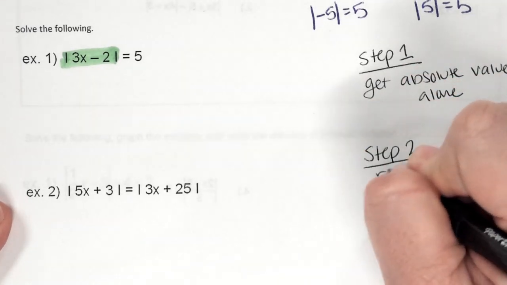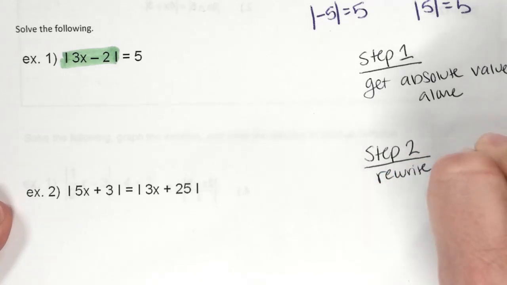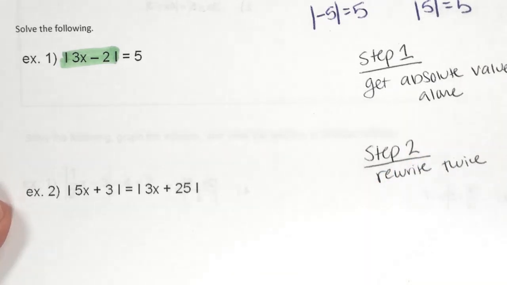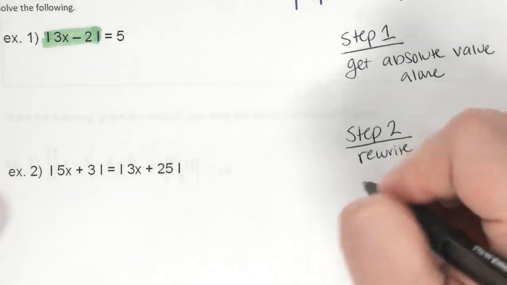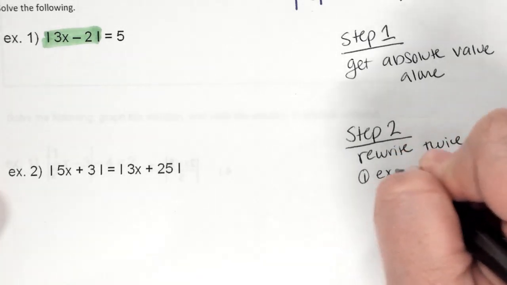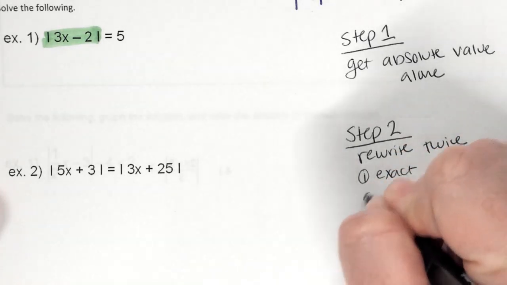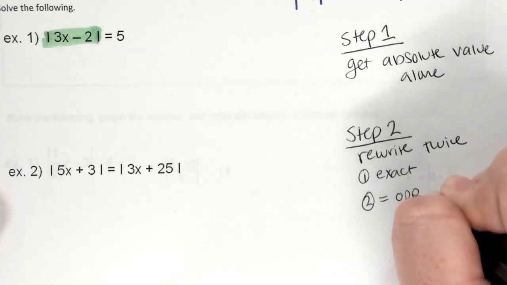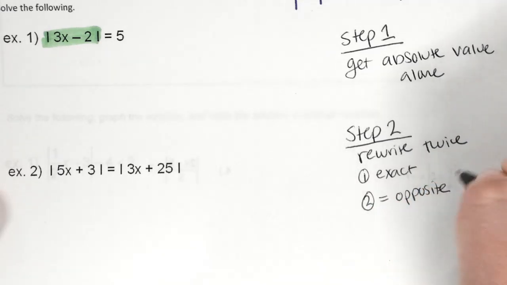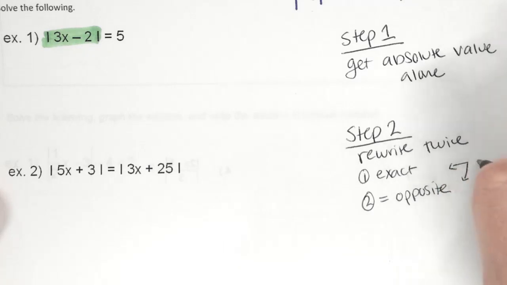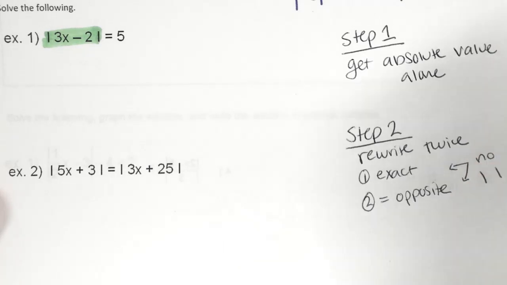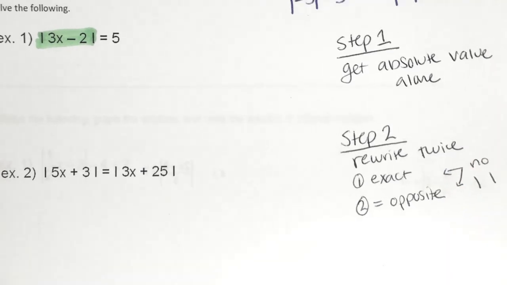So step 2, you have to rewrite the equation twice. The first time you're going to rewrite it exact, and the second time you're going to equal the opposite. And both of these are with no absolute value bars.